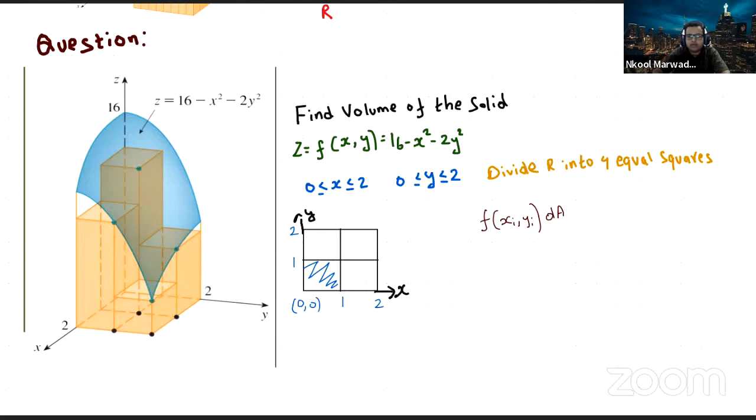Instead of d, I will take delta A, and I will be doing double summation, with j equals 1 to 2 and i equals 1 to 2. And this will be the volume approximately.